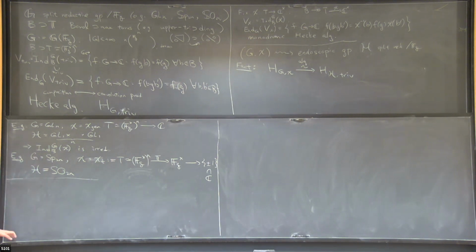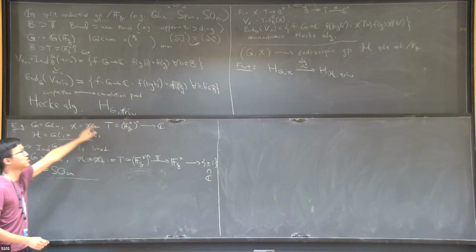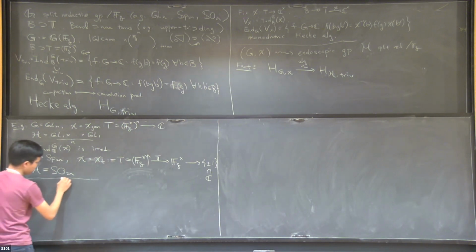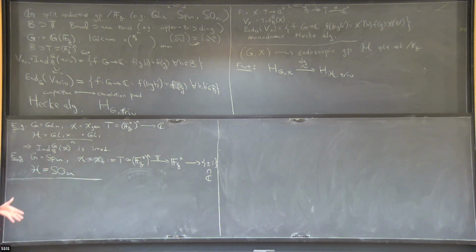So, I mentioned that the monodromic Hecke algebra is isomorphic to the endoscopic Hecke algebra. In geometric representation theory, we would like to lift this isomorphism to the derived category level.